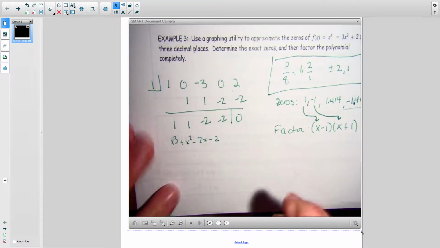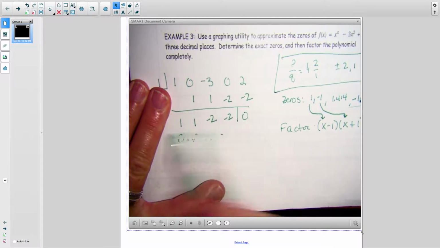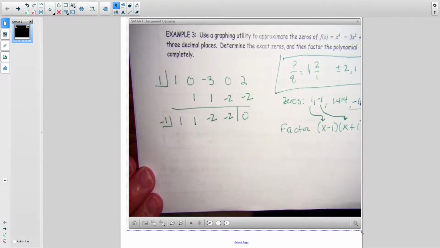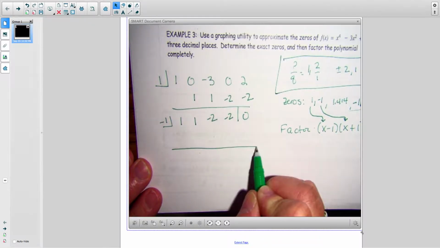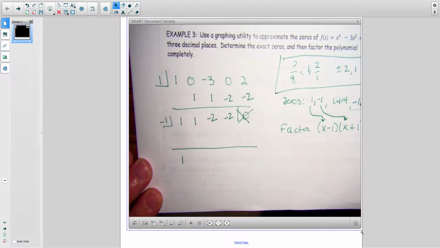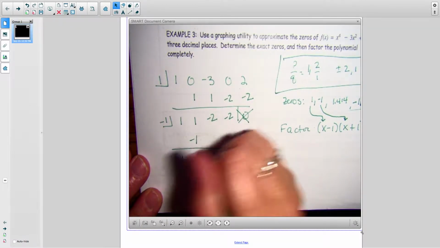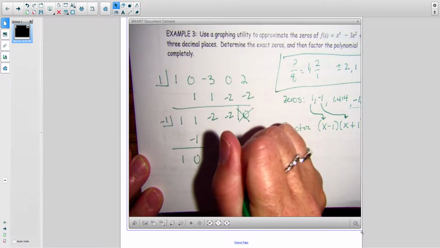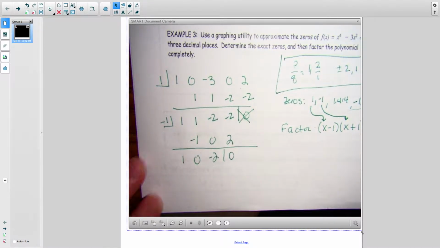So let's find out. Usually what I do is I put a backwards L here. I don't rewrite them. Drop the 1 down. Negative 1, 0, 0, negative 2, 2, 0.